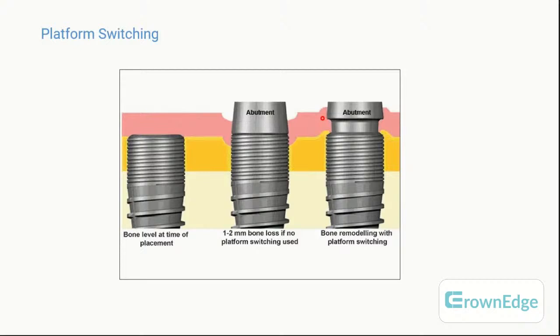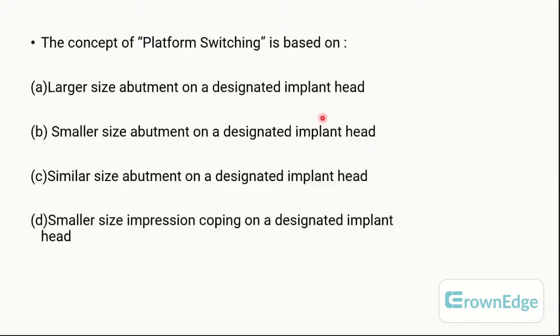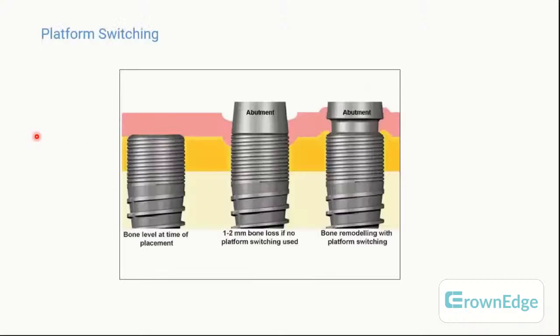So the concept of platform switching mainly involves using a smaller size abutment on a designated implant head. The answer is B. This is a concept which has been very famously used in the last 4 or 5 years, which is why I feel a bouncer like this might turn up in one of your exams, and why I wanted you to know this.